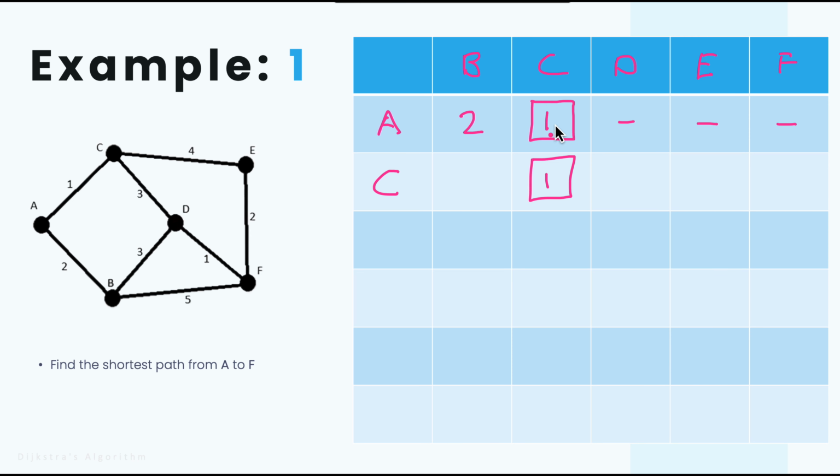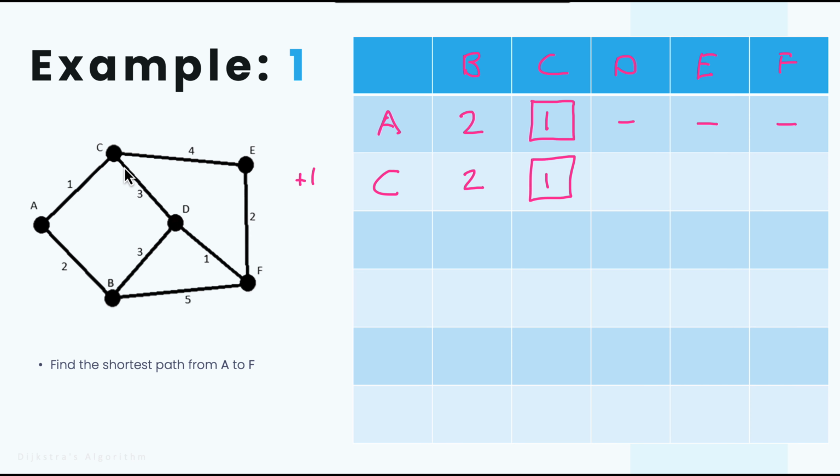Now this number is pretty important because it is the distance that we have traveled already. So with the next lot of numbers we have to take that into consideration. So now when we go from C to B, there is no direct path, but because we already have this path over here, we can write 2 over there.